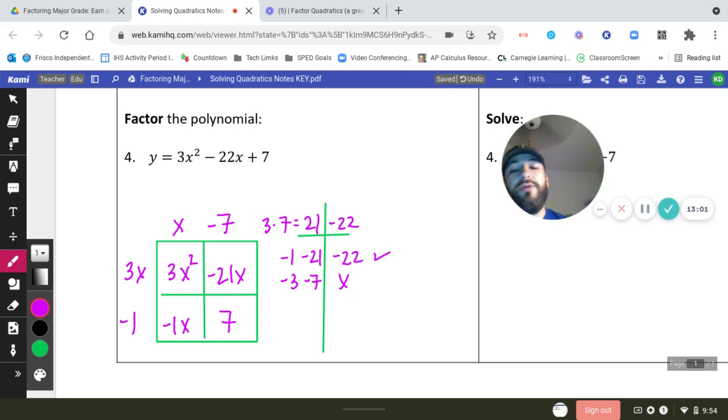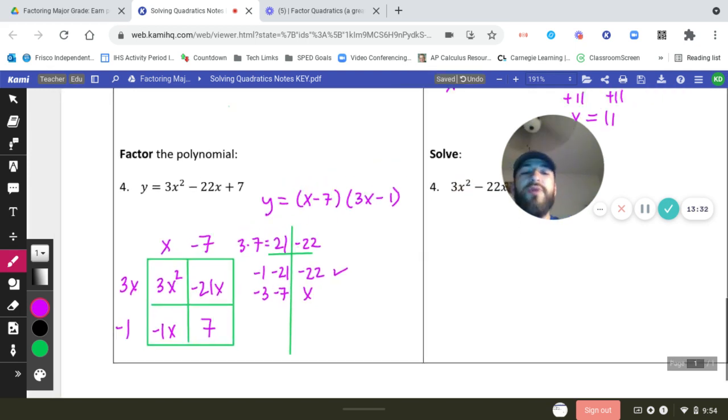You can take a positive or a negative out, that's still legit. But I need to make them both negative because I want my negative factors to multiply to 7 but add up to negative 22. So that's why we still make them both negative. From here, our factored form is y equals x minus 7 times 3x minus 1. Okay, so we're good to go.